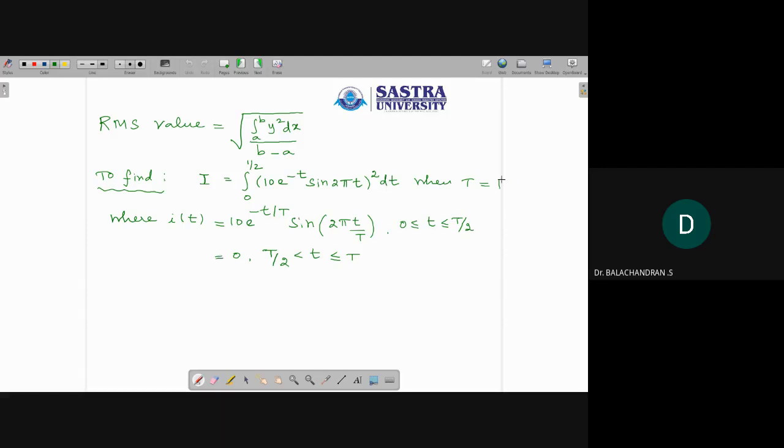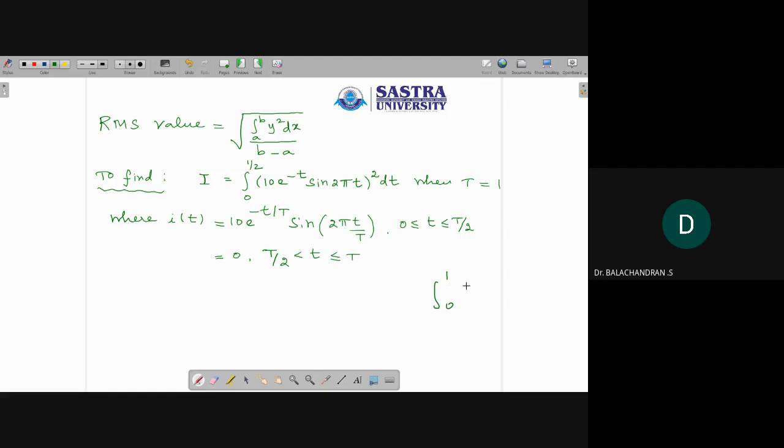Now, if we substitute t equal to 1 here, t equal to 1 means 0 to 1, because here it is 0 to 1 by 2, and here 1 by 2 to 1.